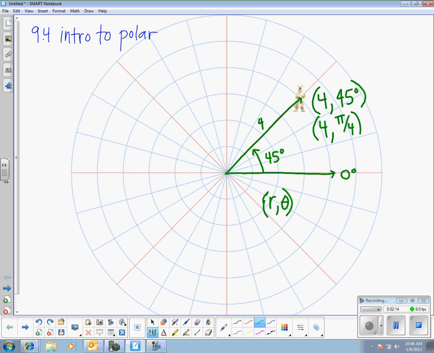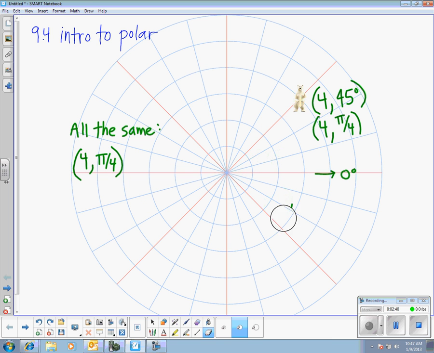One interesting thing about polar is there are a lot of ways to describe that same point. For pi over 4, that's one way to do it. Another way would be, what if we went around the whole circle once and then got back to pi over 4? You've done stuff like this with your unit circle work in the past.